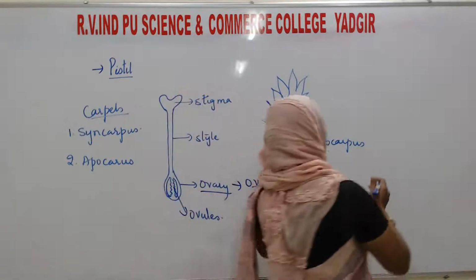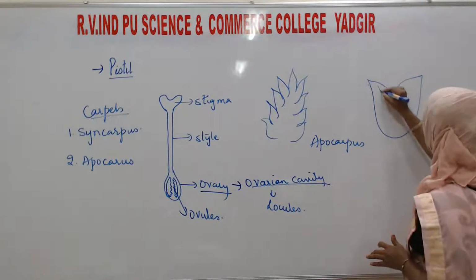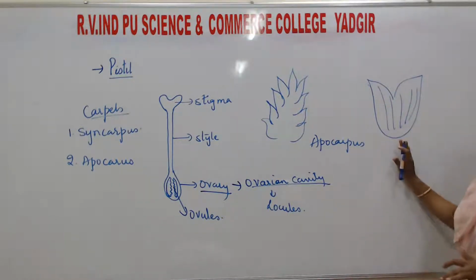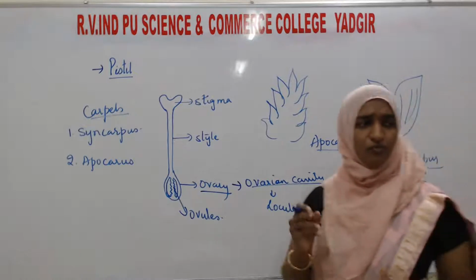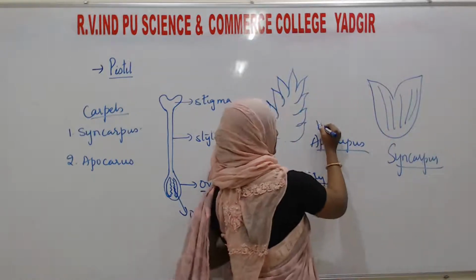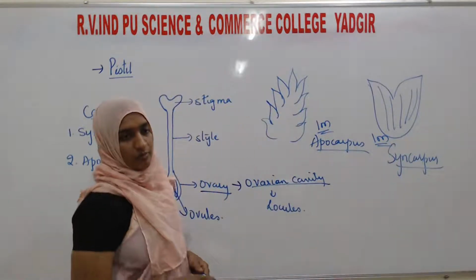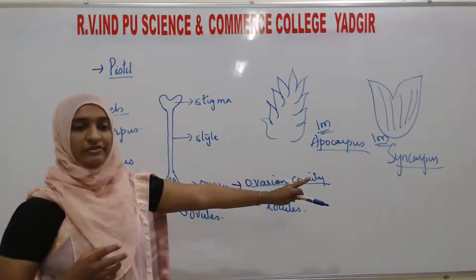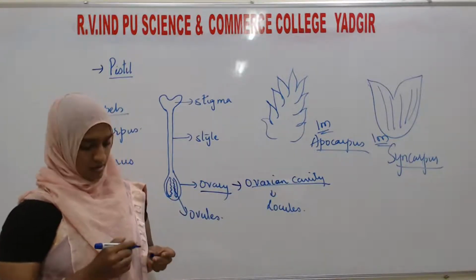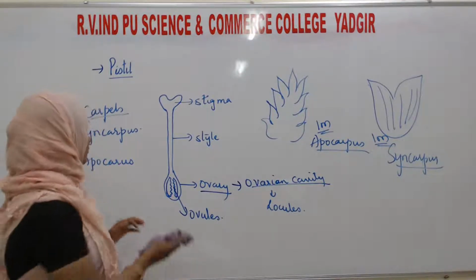If the carpels are totally fused like this, it is known as syncarpous. This is a very important term for 1 mark in your theory exam. What is apocarpous? What is syncarpous? Apocarpous means the carpels are freely arranged. Syncarpous means the carpels are in a fused form.